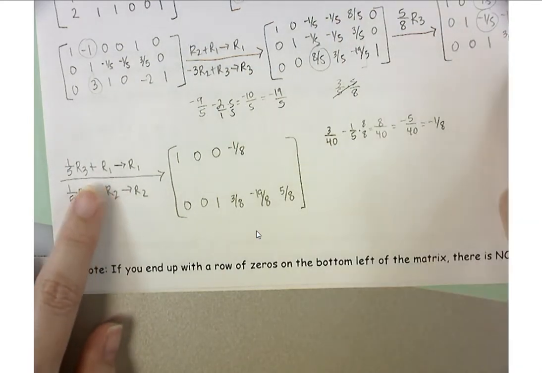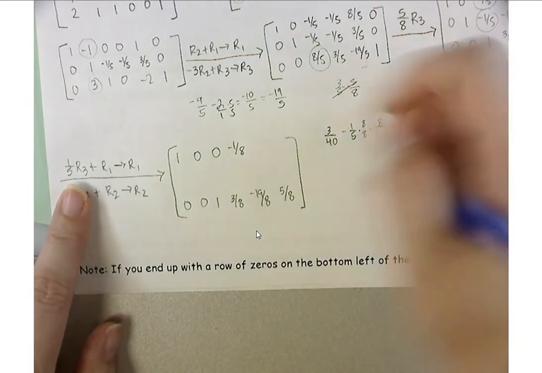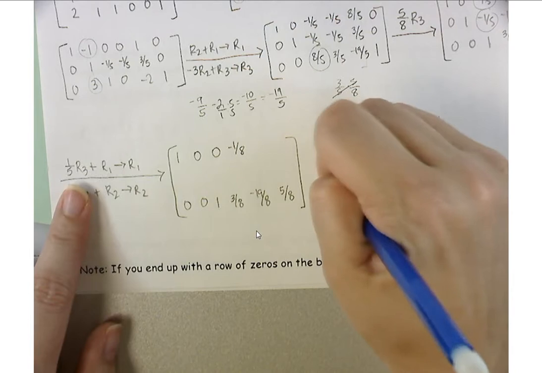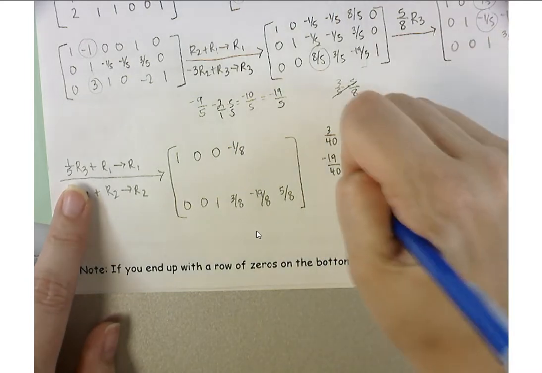Okay, when I do 1/5 multiplied by negative 19 over 8, I'm going to get negative 19 over 40, because I just have to multiply the two bottom numbers. And then I'm going to add that to row 1, which is 8/5.